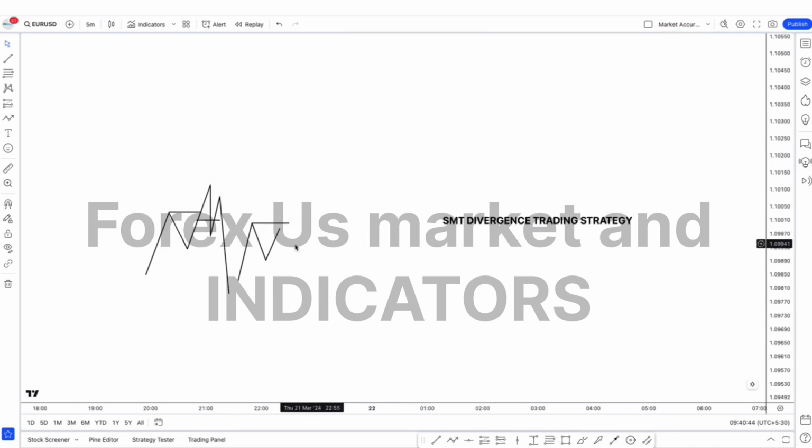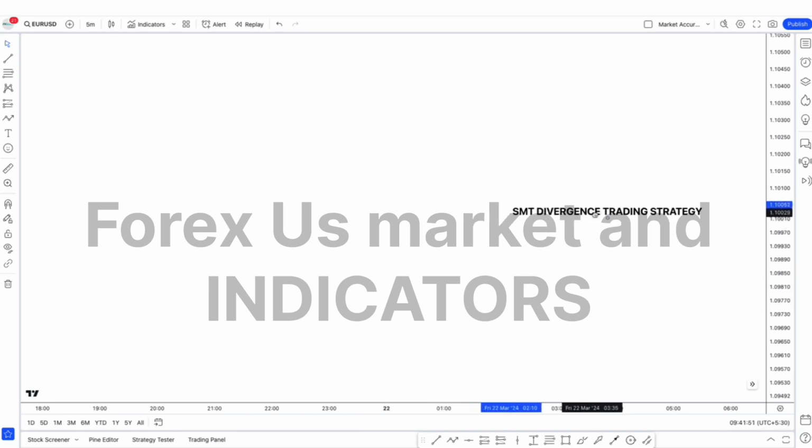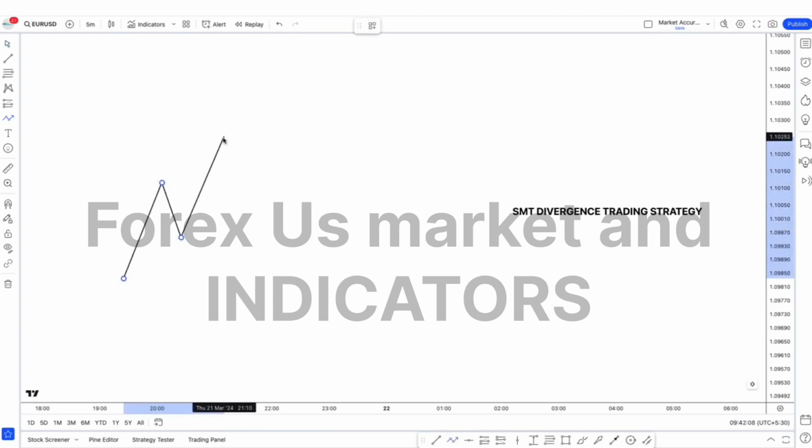Alright. Now, I've also taught you guys the ABC trading strategy on this channel. When you combine ABC with SMT Divergence, it's going to make your win rate go higher, like way higher. I'm not exaggerating, it's going to be incredible. In the ABC strategy, we look for A, B, C, and then we wait for a market structure shift, and then we take our entry.